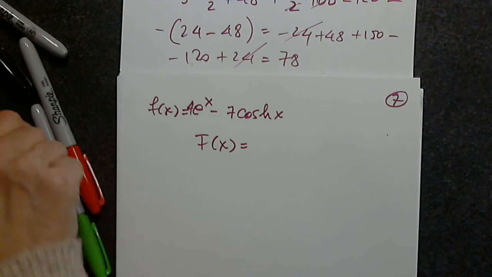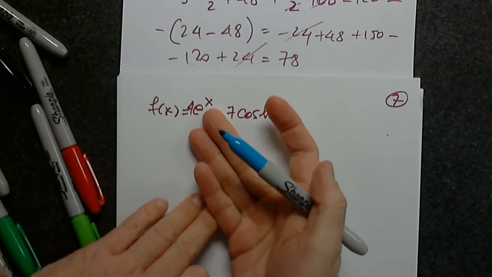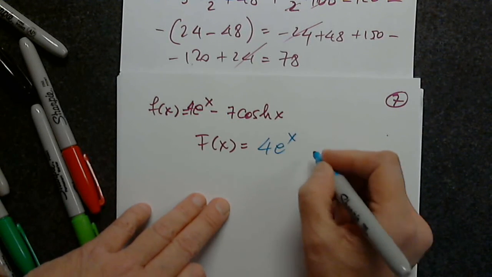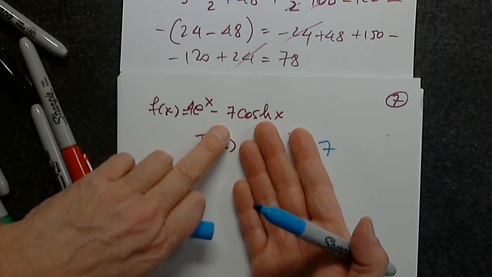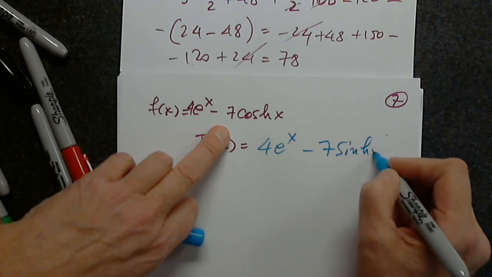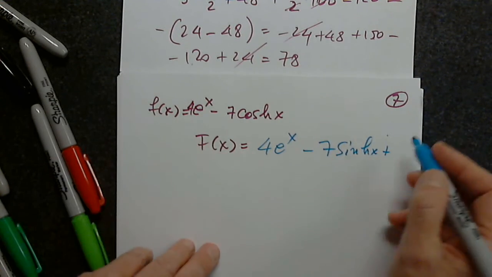Okay, good. So which function prime is 4 e to the x? Yes, 4 e to the x minus 7. Which function prime is cosine? Hyperbolic cosine. Hyperbolic sine. Plus, which function prime is 0?